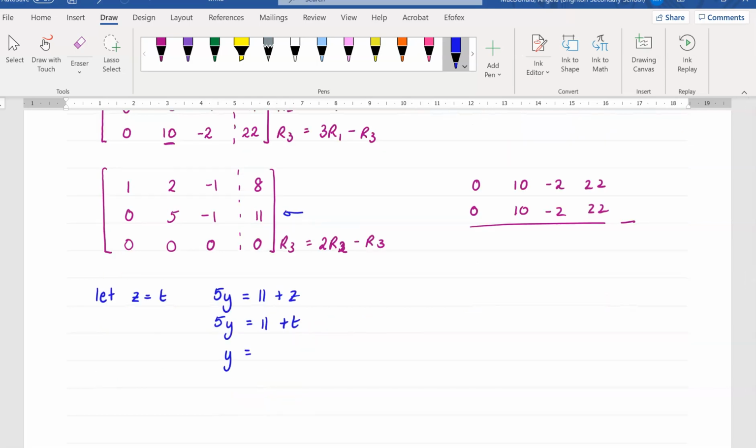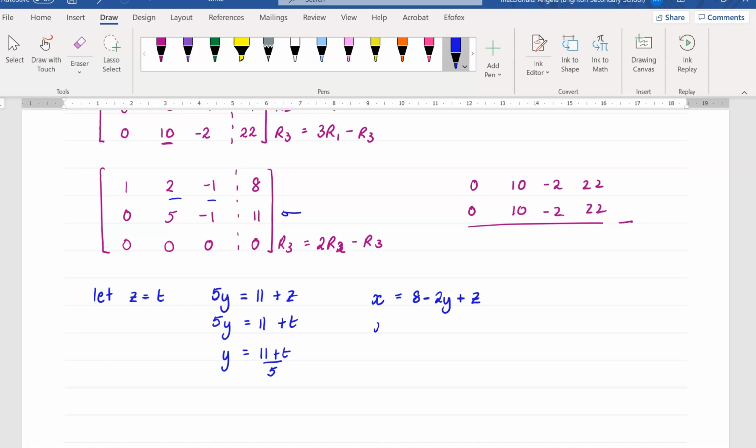Therefore y is (11 plus t) over 5. I'm going to plug that back in to get x. So x on the top line equals 8 take 2y plus z, so x will be 8 minus 2 lots of (11 plus t) over 5 plus t.